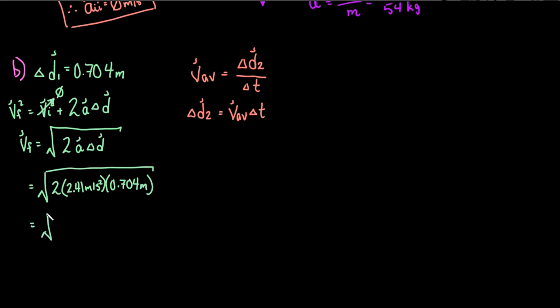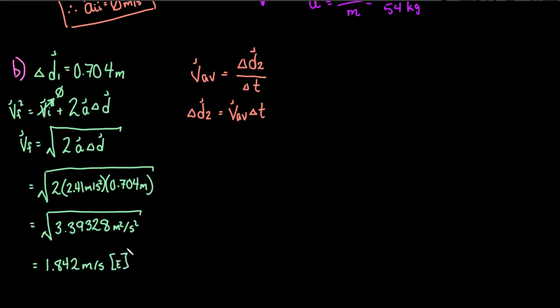So when we simplify, the square root, we get 3.39328 meters squared per second squared, which gives us a final velocity when we take the square root of that of 1.842 meters per second. Okay, and because it's positive, we know that's traveling in the east direction.